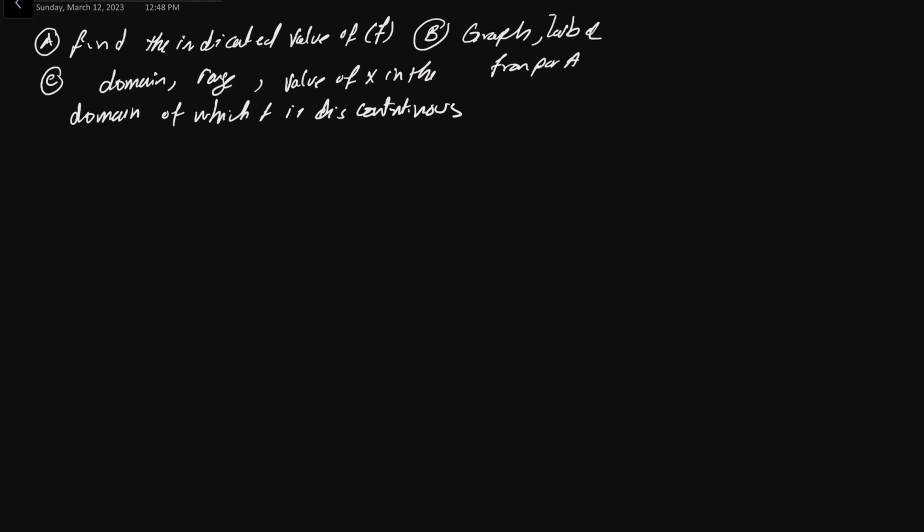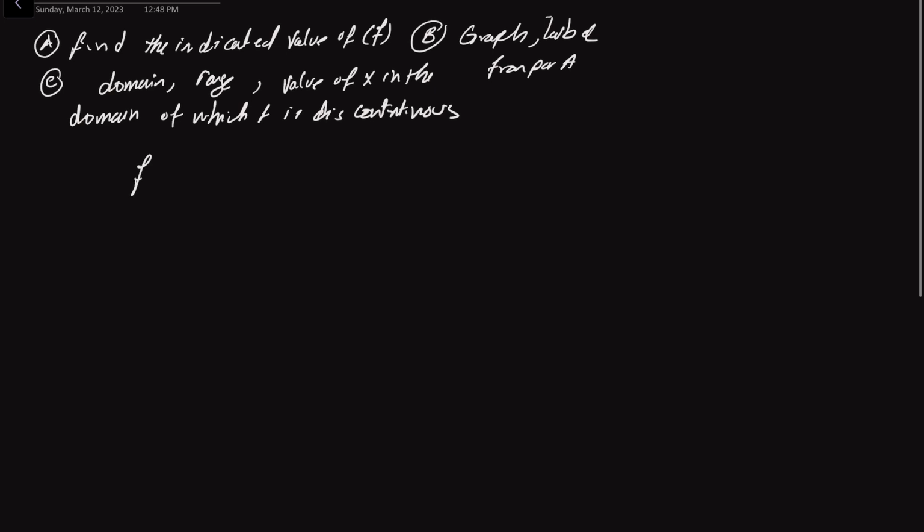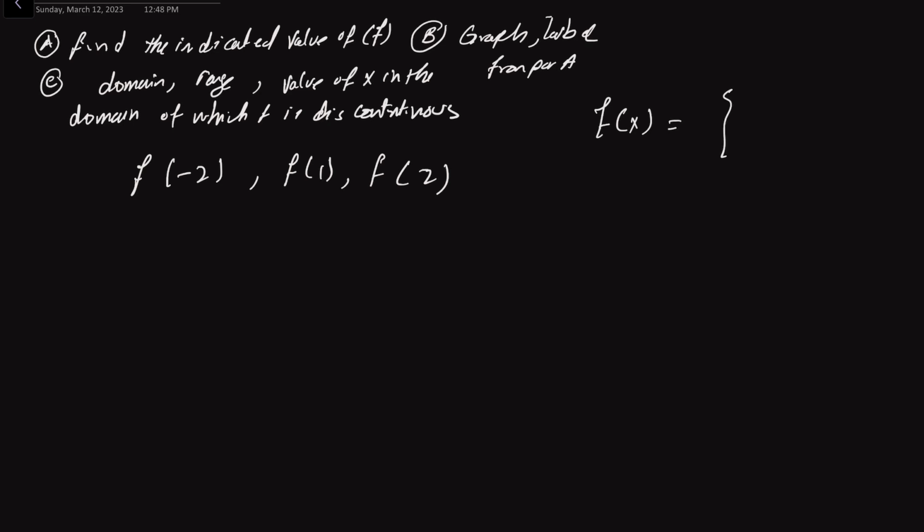So we're going to go over the first problem, the function values f of negative 2, f of 1, and f of 2. This piecewise function has two expressions. That's why they call it piecewise: it's more than one expression.